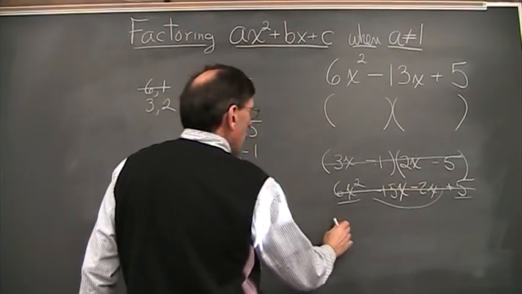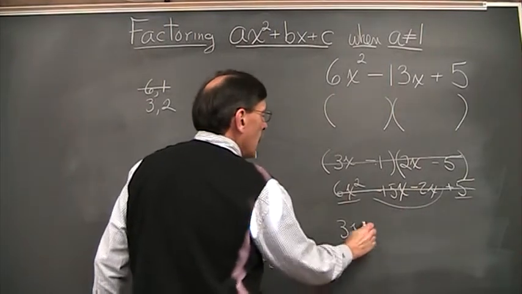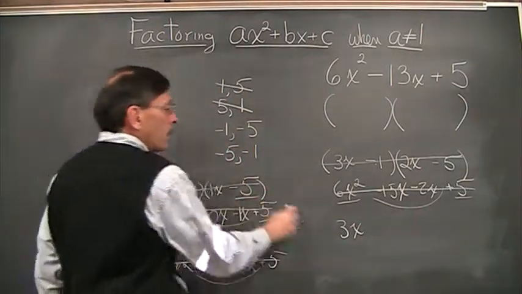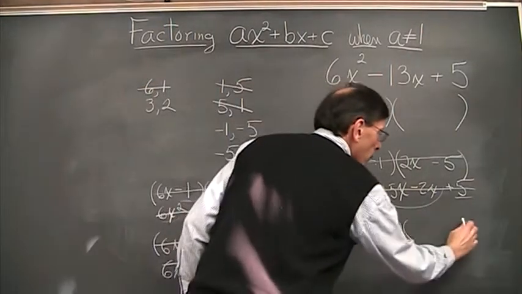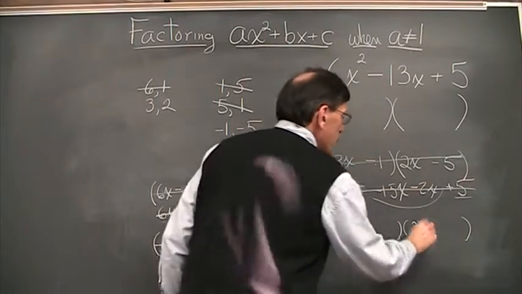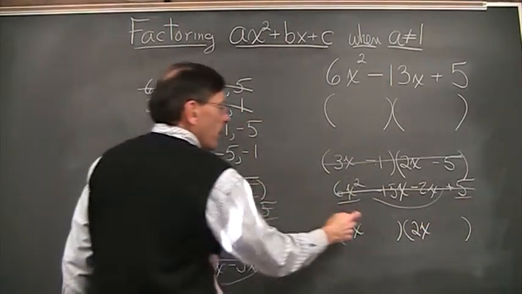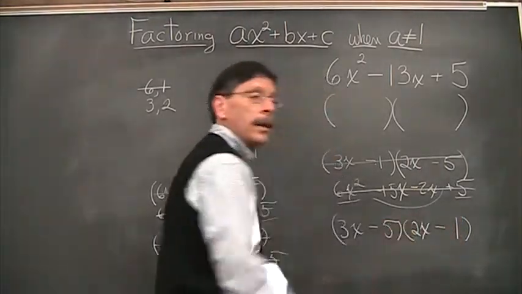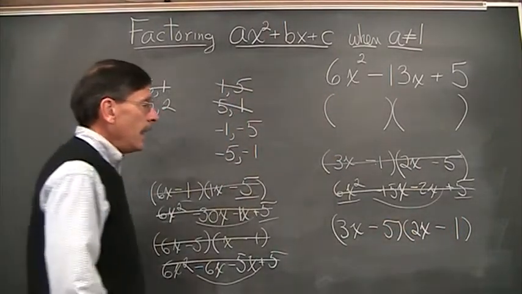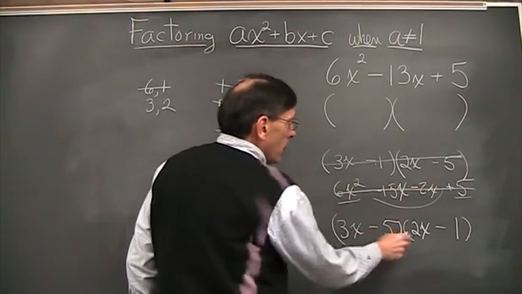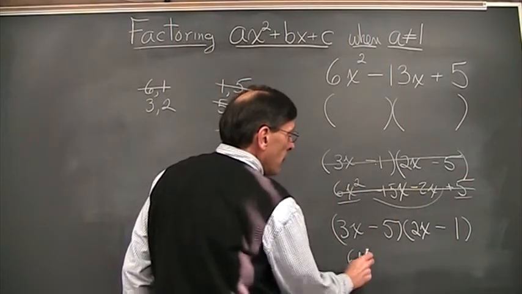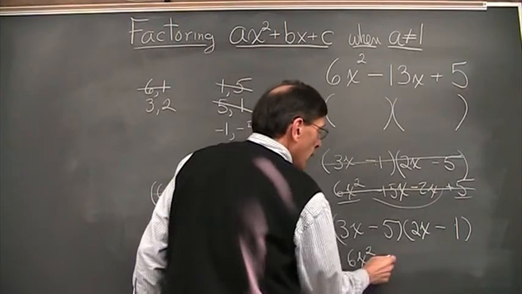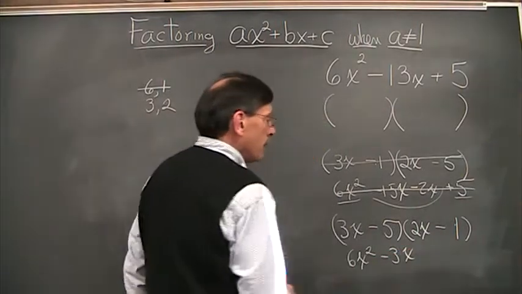So I'm going to write my expression as 3x and 2x for my first positions, and put a negative 5 and a negative 1 in the second positions. And let's FOIL it again. 3 times 2 is 6x squared. 3 times a negative 1 is a negative 3x.